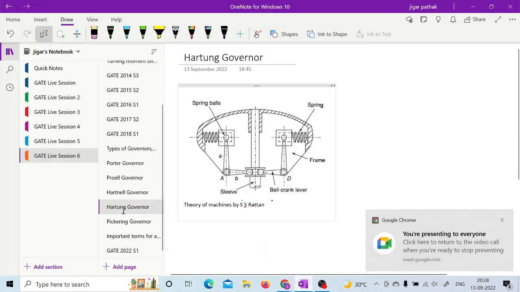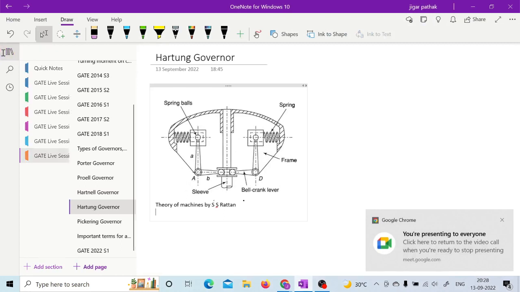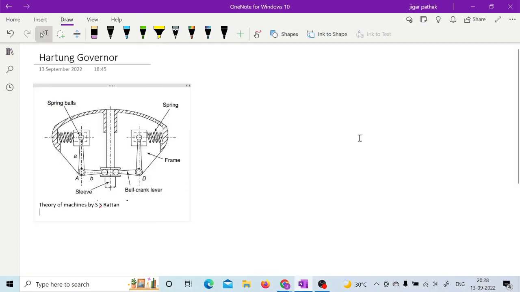So after that Hartung governor is there. So in Hartung governor, again it is a spring controlled governor, right? So you can see here they are having this spring ball attached to a frame with the help of this spring.